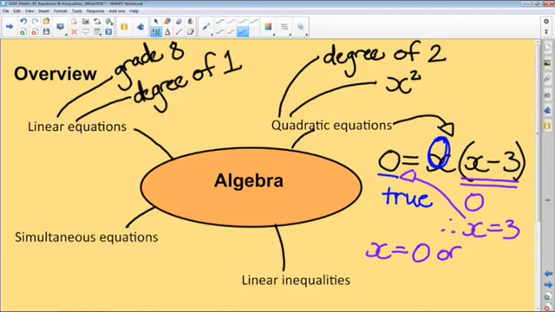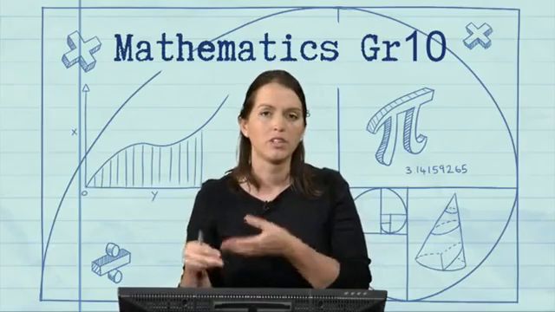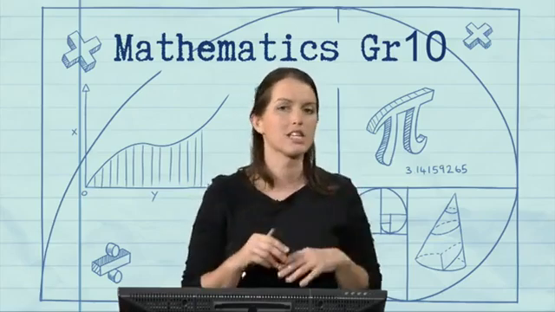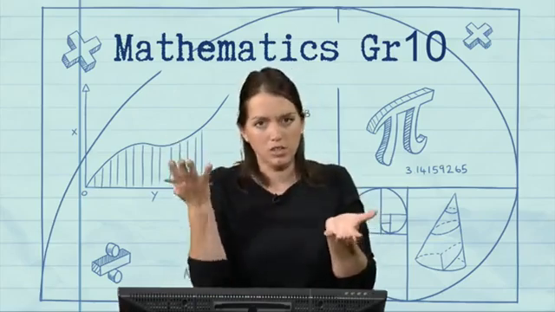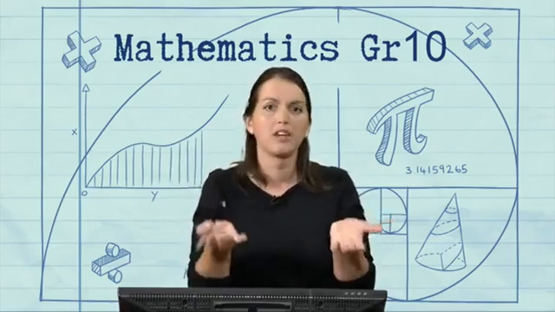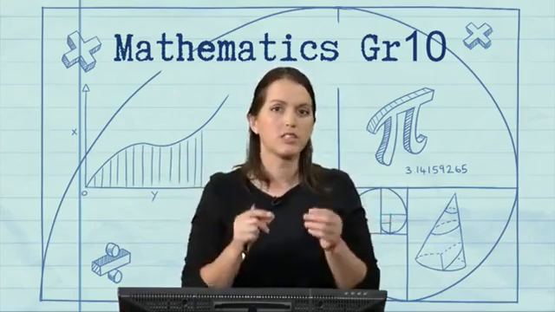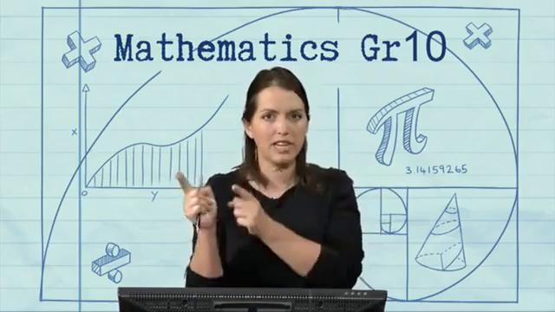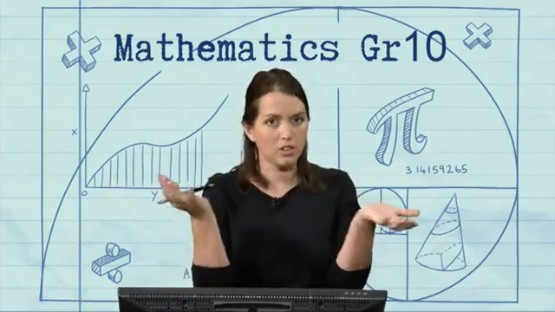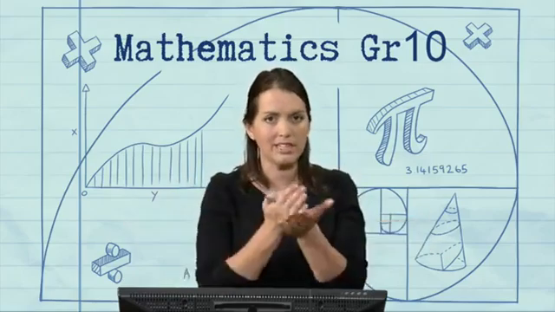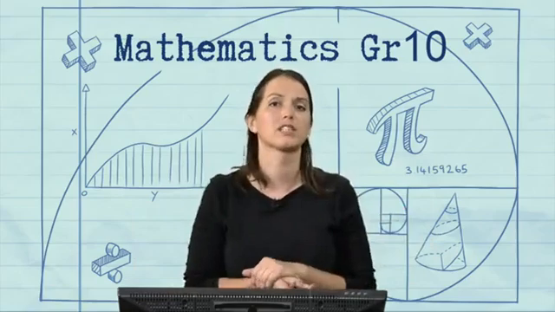Solving equations is all about making the value of the variable in such a way that the statement is true. So an equation is a statement. It's saying that this is equal to this over here. But when we're solving equations, we're trying to find the missing value that makes this whole statement true. And that's why we're solving for x.